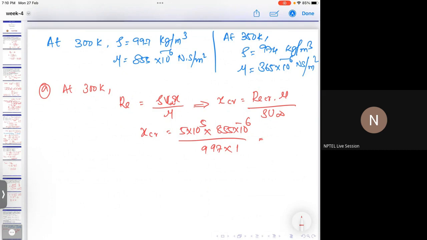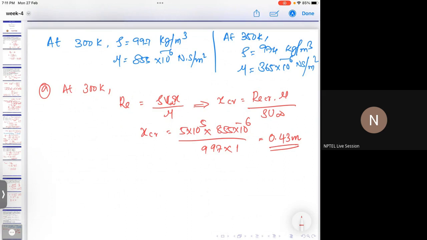So 0.43. Yeah, 0.43 meters, right? So the plate is 1 meter long. So from 0 to 0.43 meters, the flow is laminar, and after 0.43 meter, the flow is turbulent.